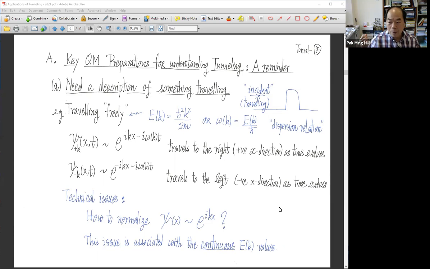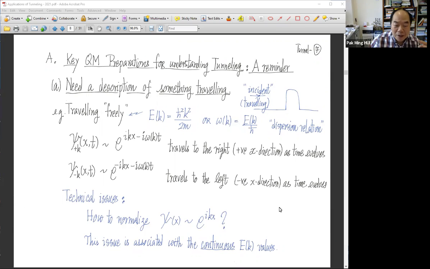In atomic problems, in particle in a box, harmonic oscillator, rotor, hydrogen atom, molecules, bonding, we always look for so-called stationary states, the energy eigenstate of the Hamiltonian. That will be the atomic orbitals, molecular orbitals, etc. Those are not traveling, okay?